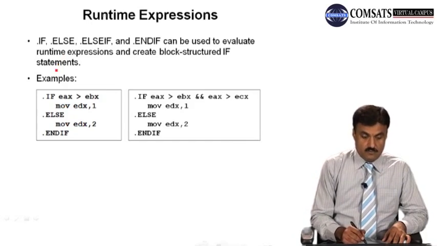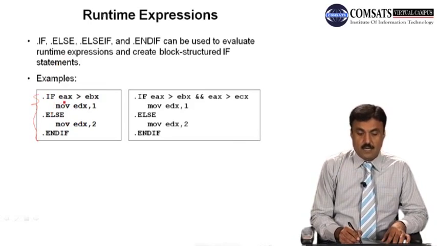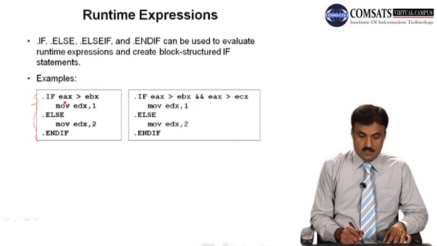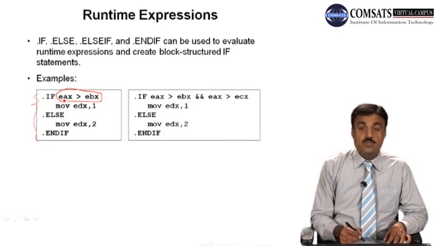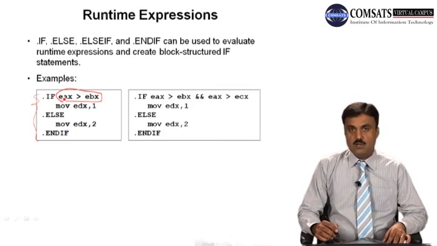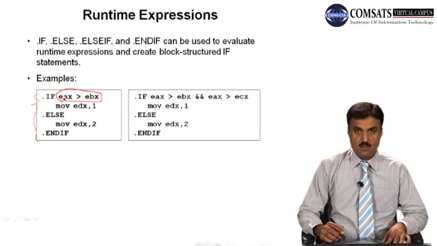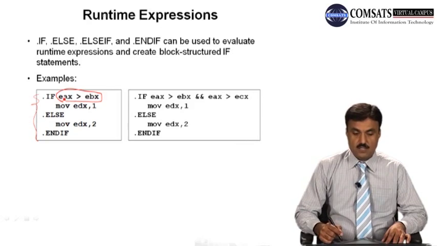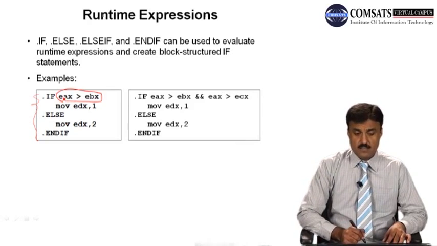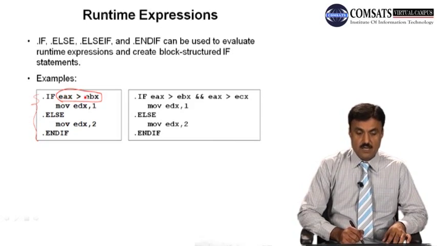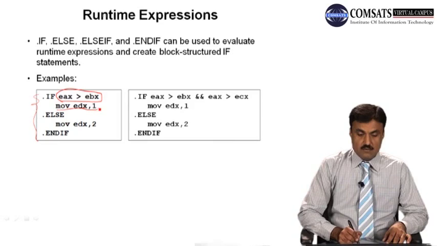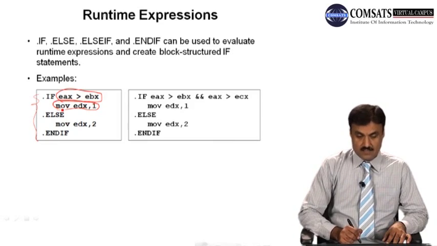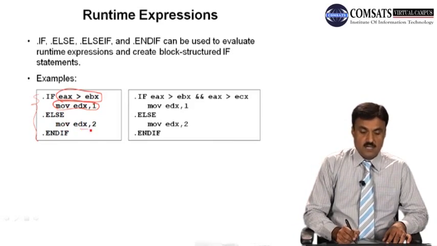Here is one example. For example, if EAX is greater than EBX, you can directly use this inside the assembly language. There is no need to use the logic. If you want to use the pure assembly logic, then you can. Otherwise, there are some directives you can use directly. So the .if directive will check this condition, EAX is greater than EBX, then it will assign 1 to EDX, else EDX will be assigned 2.